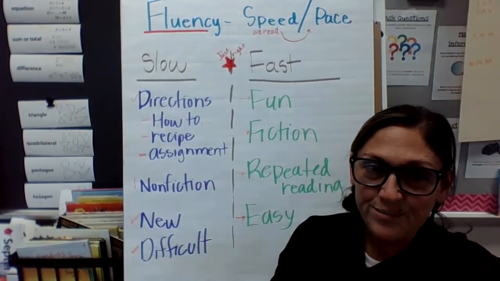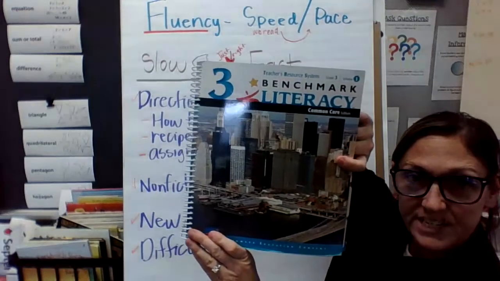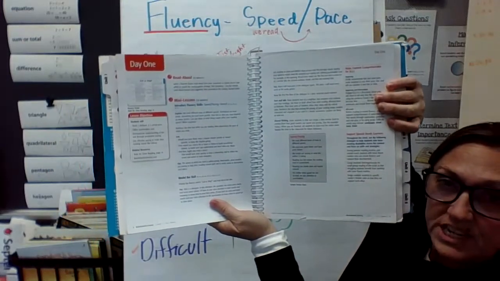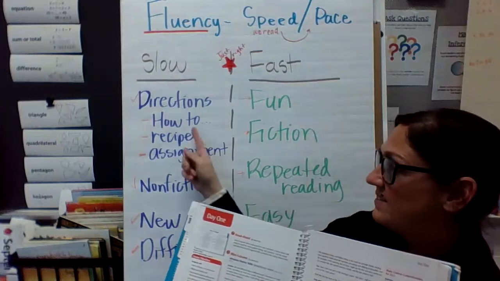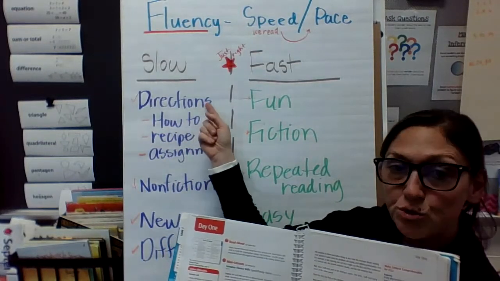The next one, you might not even know what it is, but this is my teacher book. It's how I'm supposed to teach reading. So for me, this is a how-to book. It gives me directions, step-by-step directions on how to teach reading.